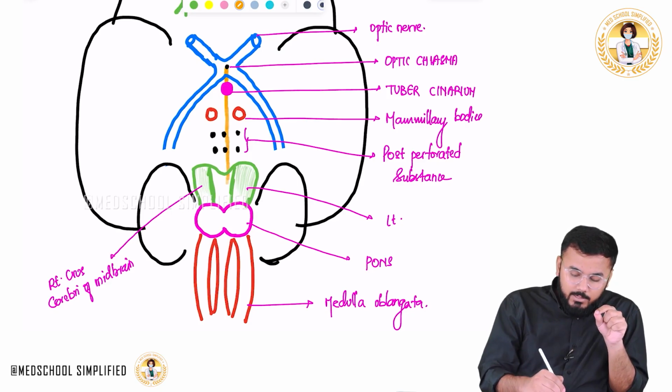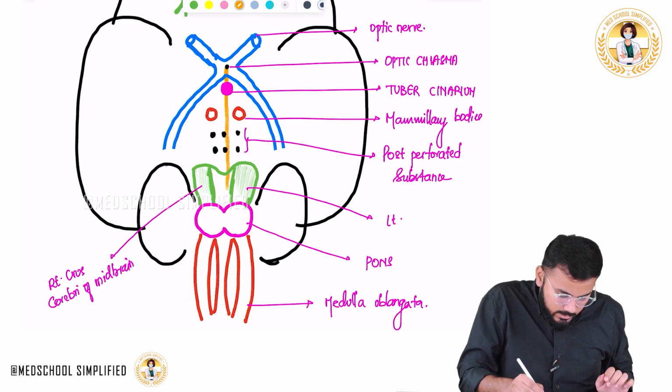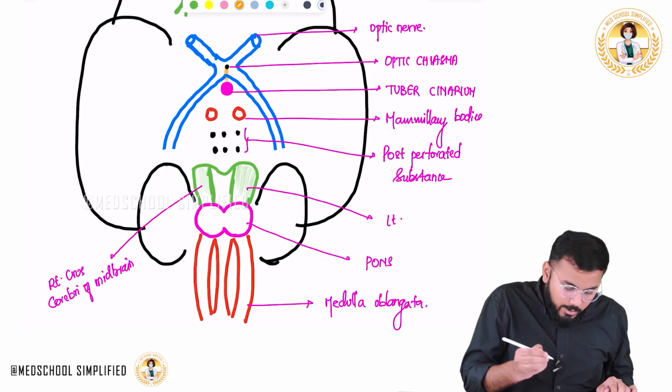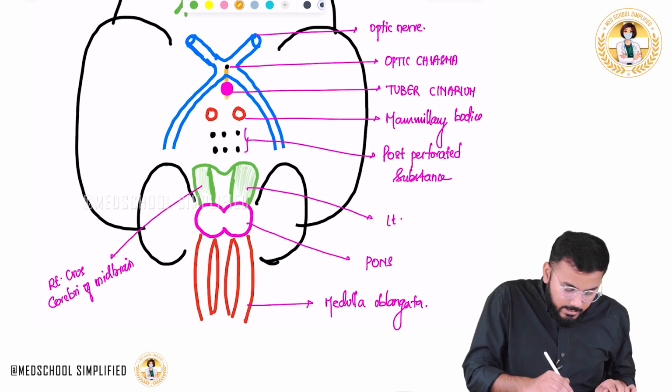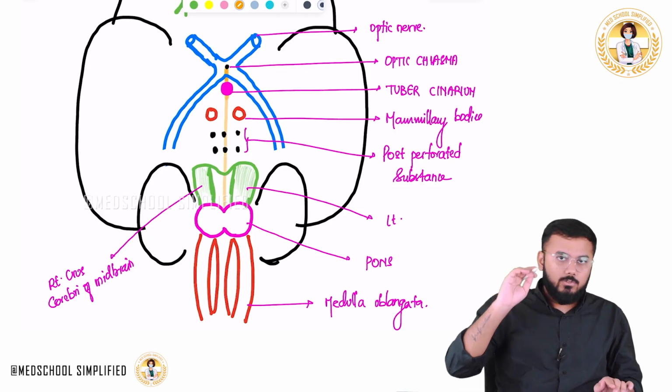So let me make sure it is vertical. Yeah. This interpeduncular fossa all the way extends down till the midpoint of the superior surface of the pons.